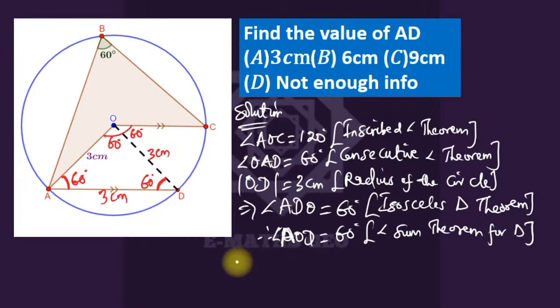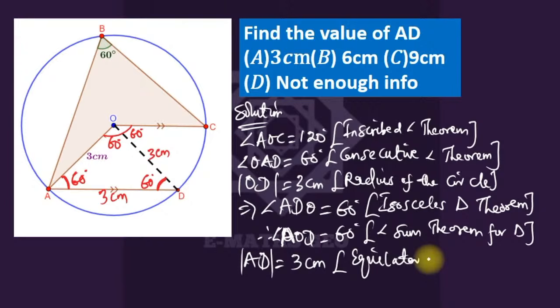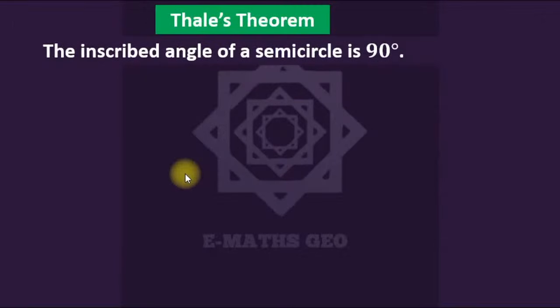So AD is now 3 cm. Length AD is 3 cm. Why is it so? Equilateral triangle theorem. So that's it. That's option A.